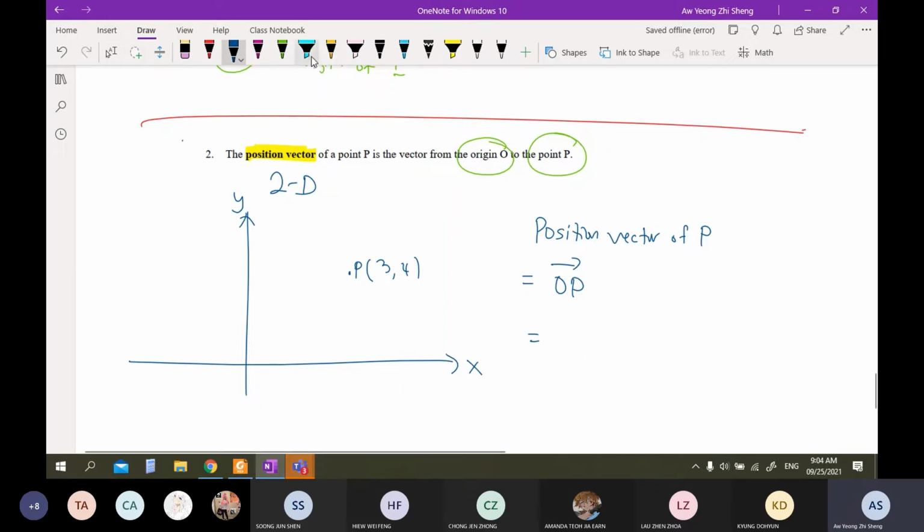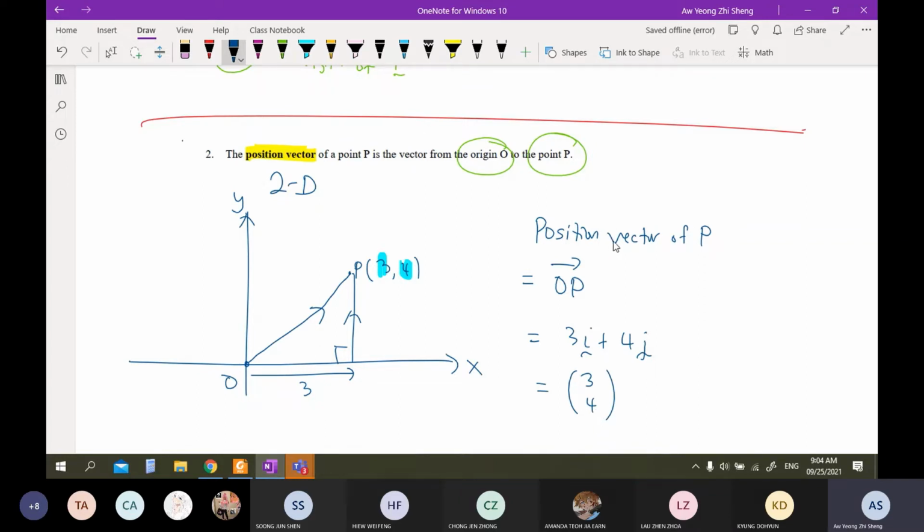You just need to look at the coordinates of P and convert it into vector form. Because to get from O to P, you will of course need 3 units to the right, followed by 4 units up. So it will be 3i plus 4j, or in vertical bracket form, just 3, 4.